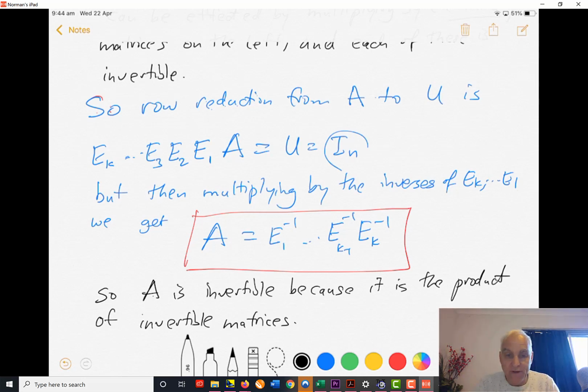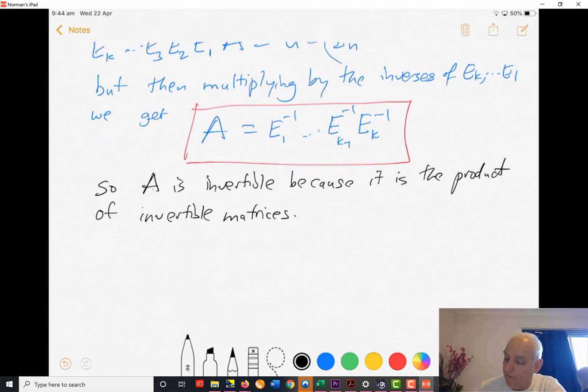We've looked at the three different kinds and shown that each of those three different kinds are invertible. And so that means that the product of any number of them will also be invertible, because the product of invertible matrices is invertible. And that is why this matrix A, which we started off just assuming that it had the property that AX equals B has a unique solution, we can now deduce that it's actually invertible.